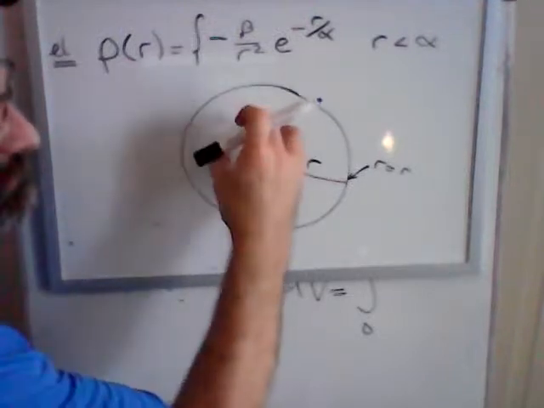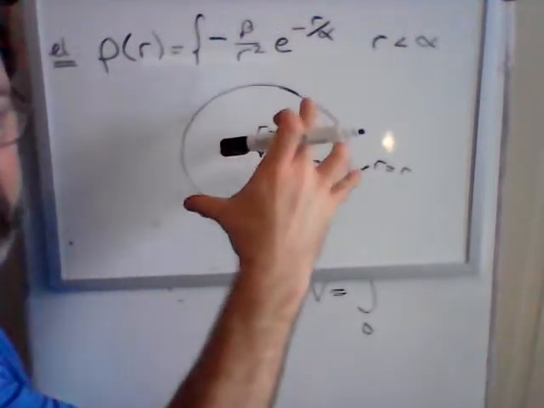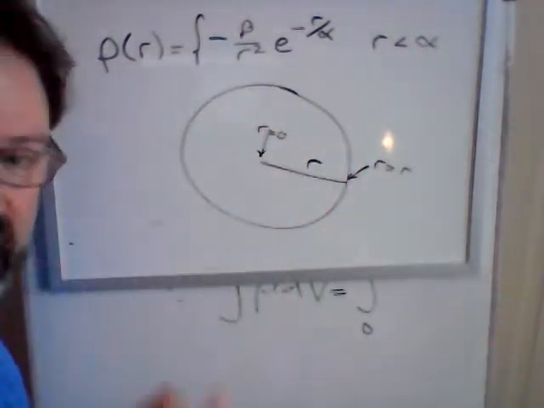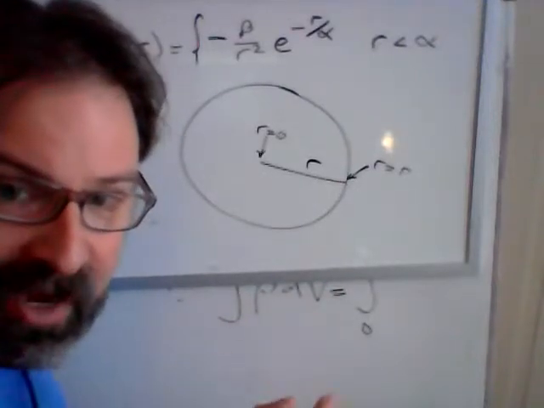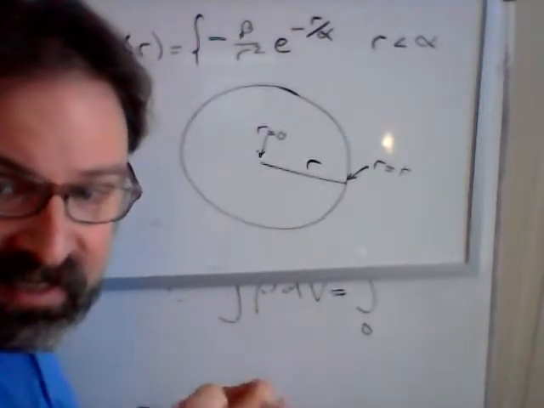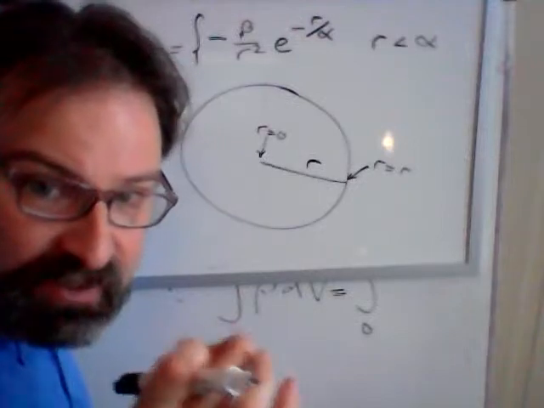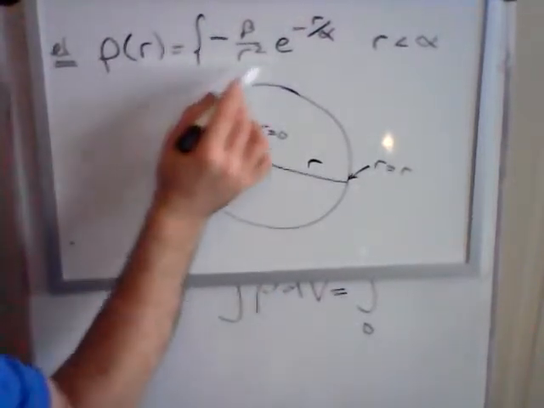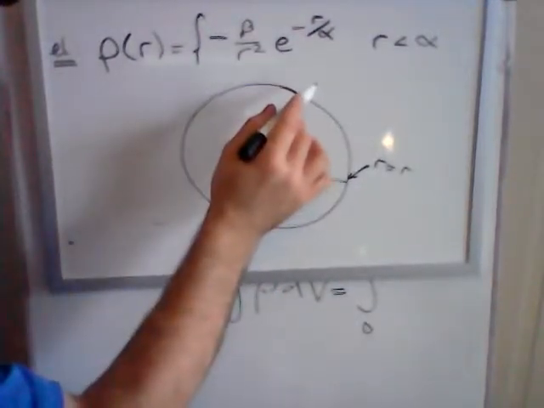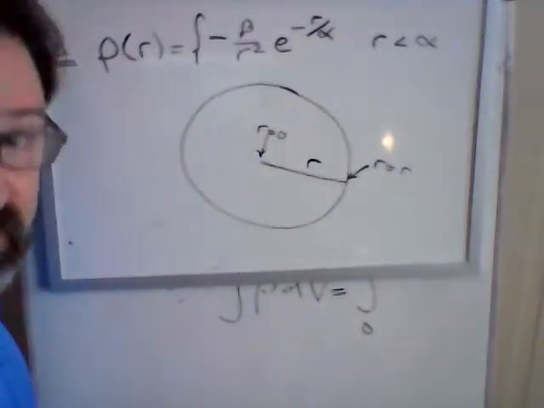They're basically different skins of onion all the way out, and each layer of skin has a certain amount of charge because the density of the charge is not constant. It varies, but it's constant for a certain radius.